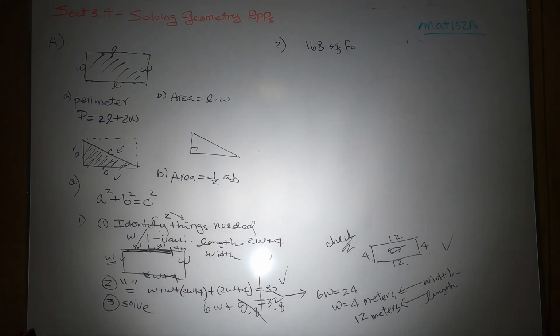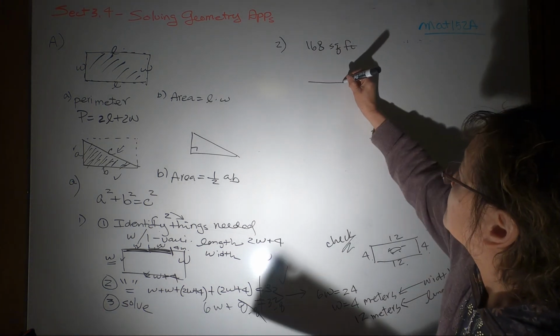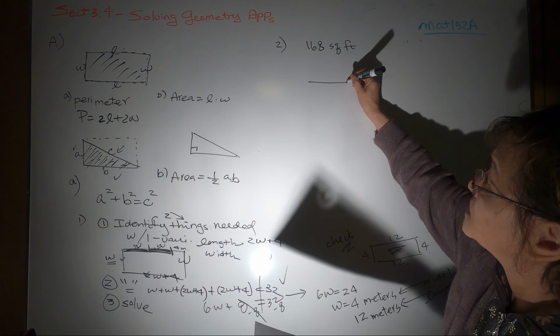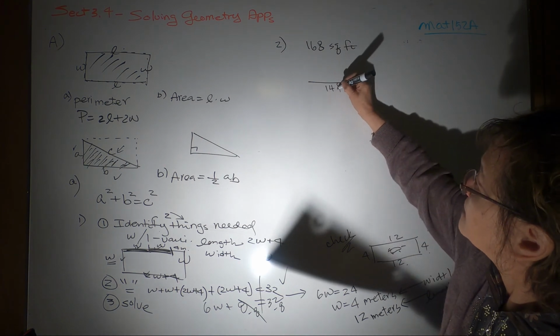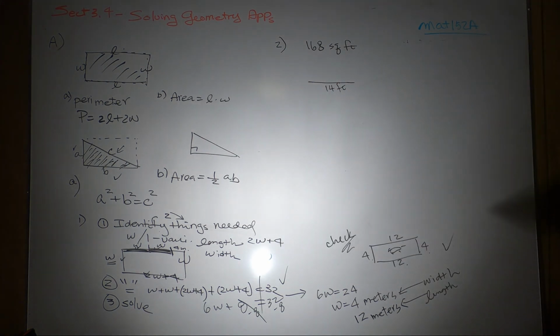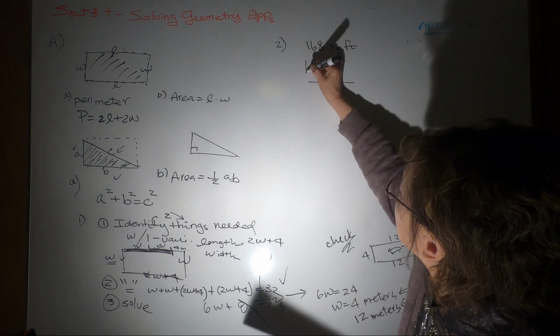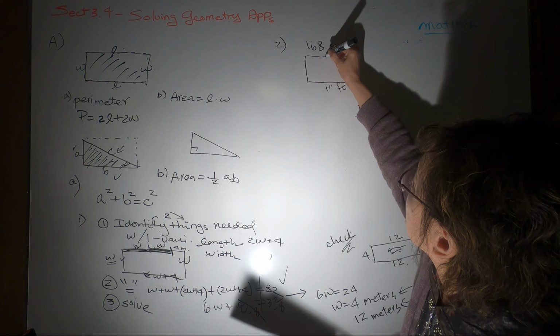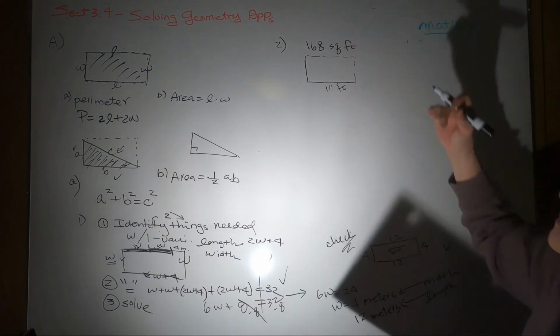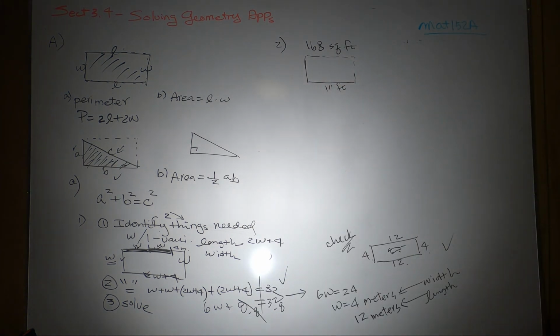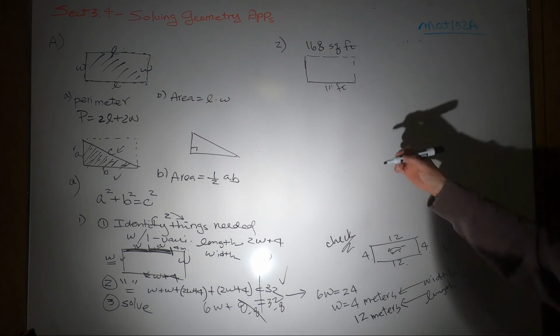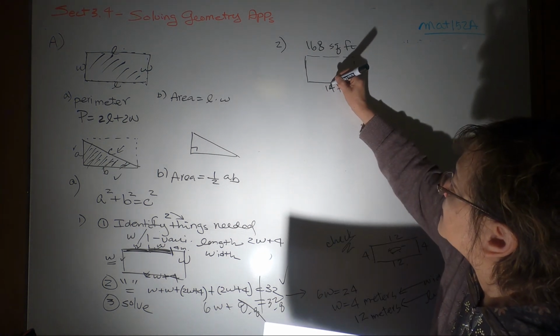So if a room is that big, then if your length is what? 14 feet. Okay? Then what's your width? So if you ordered 168 square feet of tiles, you want to cover the whole area, right?